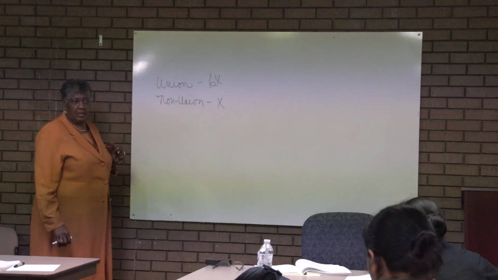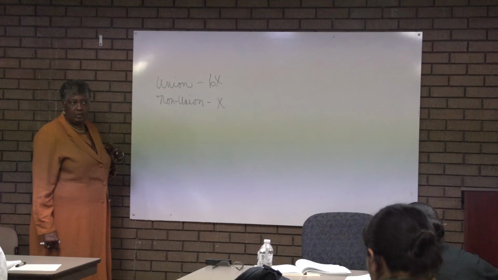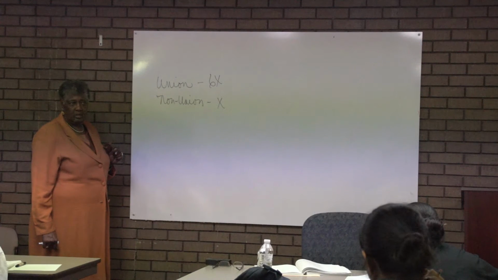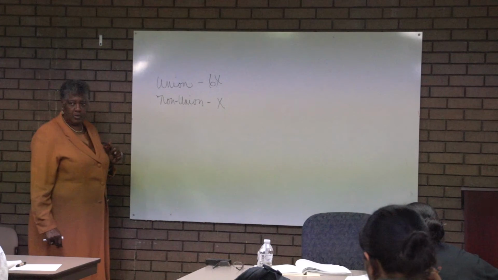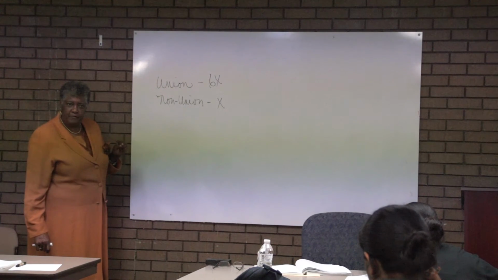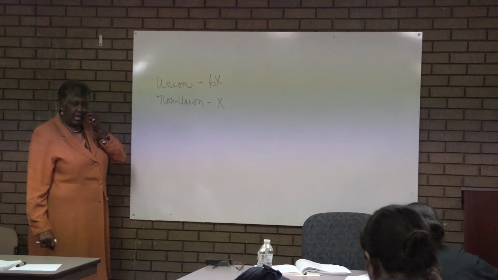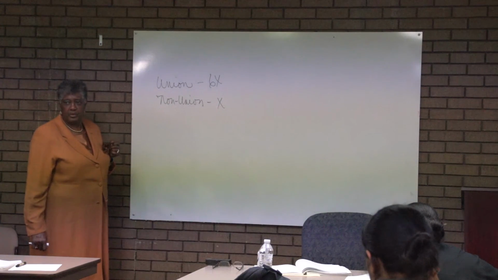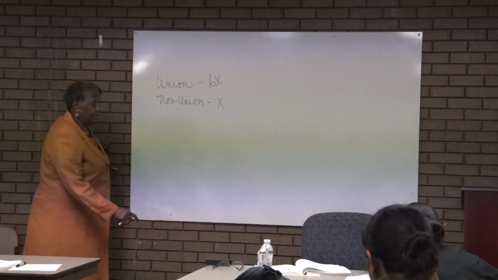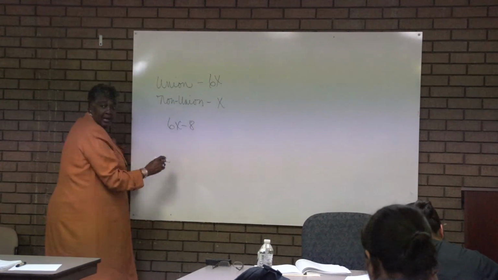What's the next sentence say? 8 fewer than the number of union workers is equal to 4 times the number of non-union workers. 8 fewer than the number of union workers. How do you write 8 fewer than the number of union workers? Minus 8. So that's union workers minus 8, right?